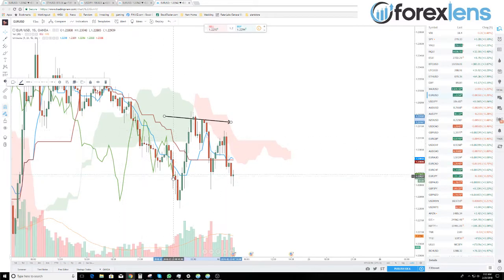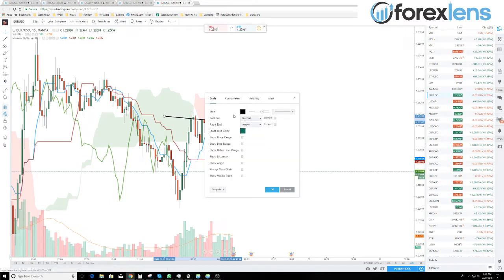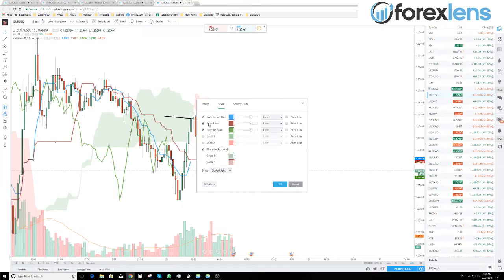The next line here is this green one. For me, this is the most important component after the cloud. I really never trade with the conversion line. I'll keep the baseline, but I never trade without the cloud and the lagging span.